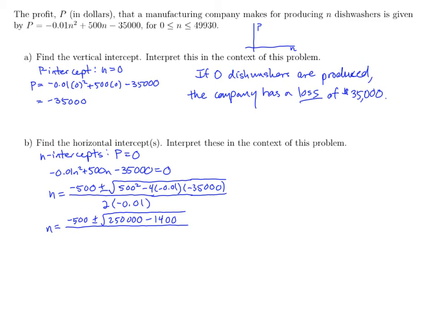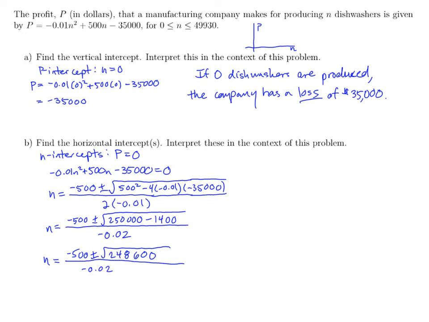And that's divided by 2 times negative 0.01, which is negative 0.02. I'll simplify this one step further, and then I'll round. So for N, we have it equal to, and again in our numerator, we're going to start with negative 500 plus or minus, and then what's inside that radical, when we subtract, can be simplified to 248,600. And that's divided by negative 0.02.